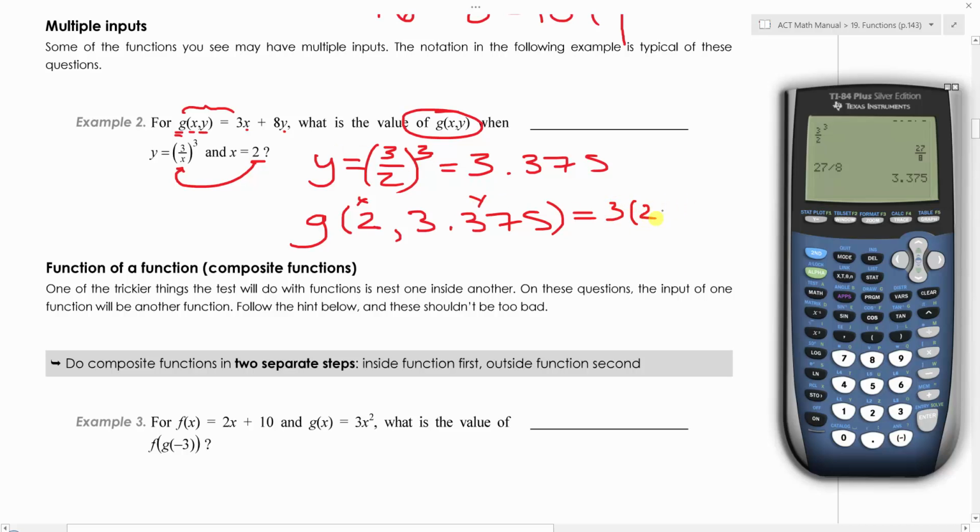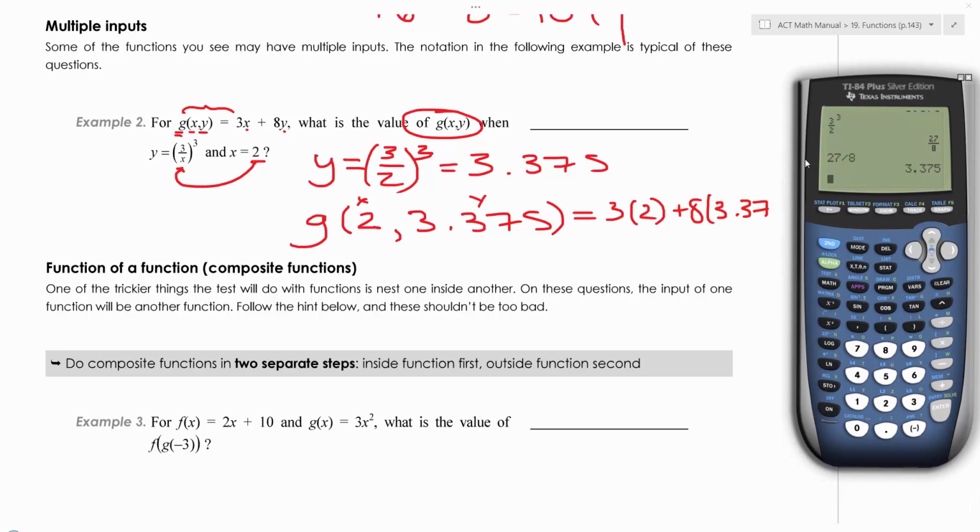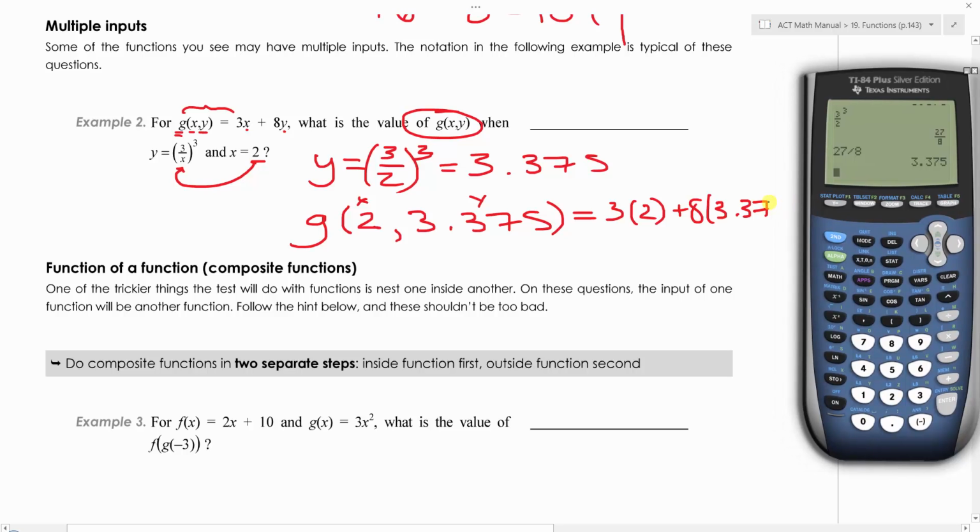So I'm going to do 3 times 2 plus 8 times the 3.375 in parentheses, and I'm going to do this all right in my calculator. 3 times 2 plus 8 times 3.375, and I get 33. That is the value of g of x, y when x equals 2 and y equals 3.375.